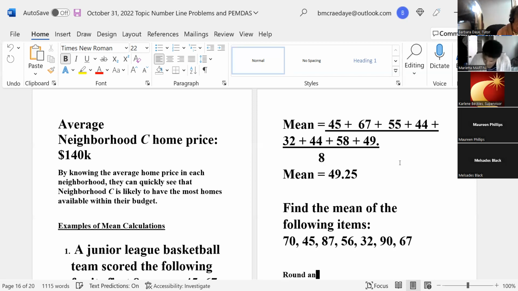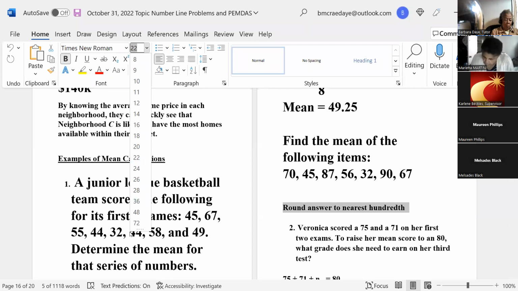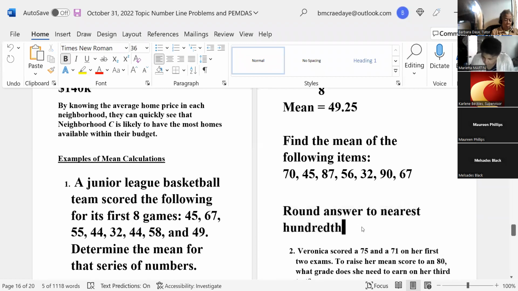Round your answer to the nearest hundredth. Anybody get an answer?